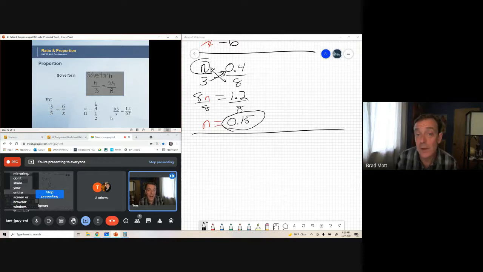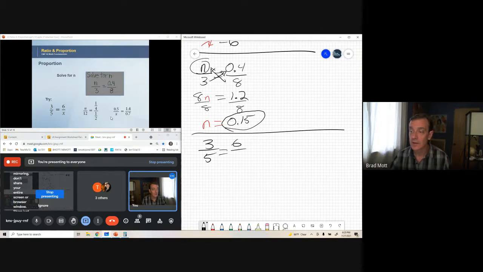Okay, so I would like you guys to give me an answer for the first one. 3 is to 5 and 6 is to x. So work through that one for me. Cross multiply, solve for x, or solve for the unknown, whatever it may be.